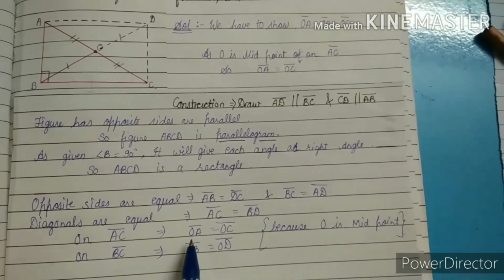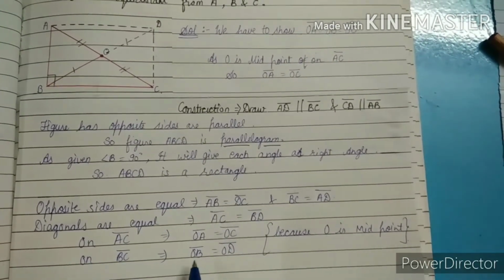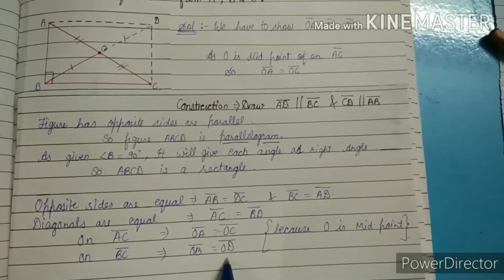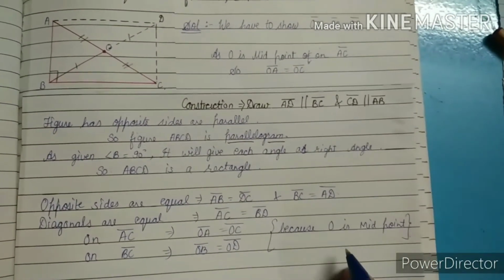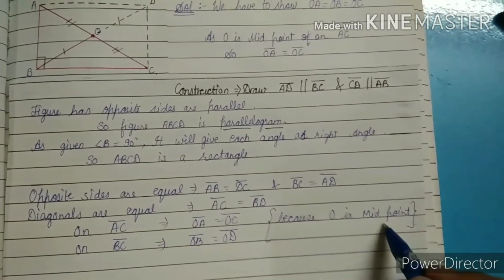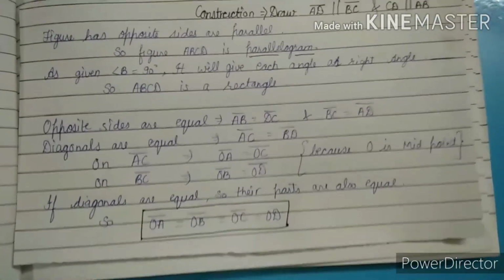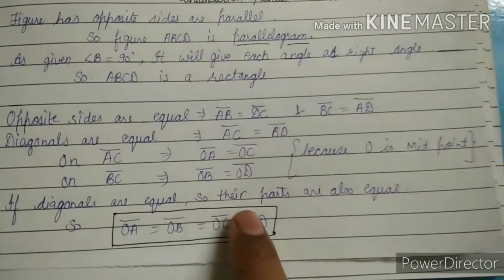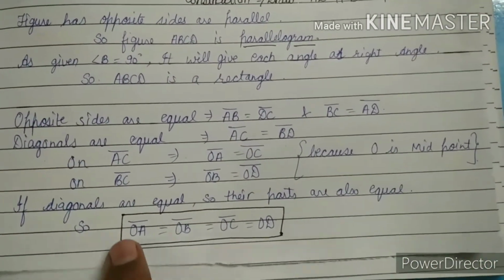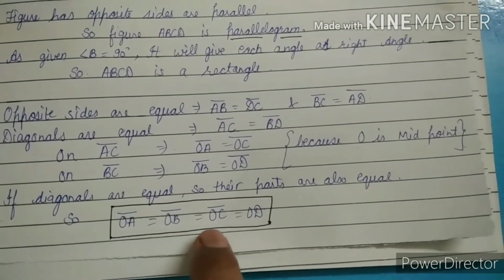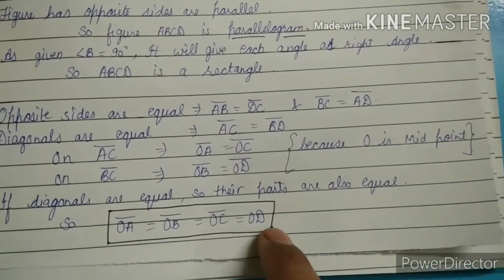So we can say OA is equal to OB, OB is equal to OC and OC is equal to OD. They are all equal just because O is the midpoint. From this property we can say OA is equal to OB is equal to OC is equal to OD.